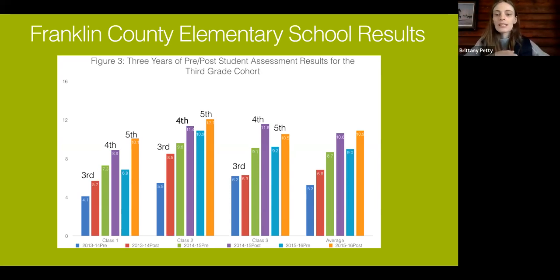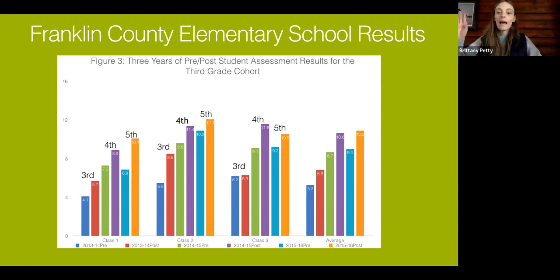And as you can see, first two bars, that's third grade. And then as they moved on to fourth grade and fifth grade, and then it's another group and another group and another group. So for three different years, they tracked the students' progress. And so you see that it improved every single time from year to year. So it's pre and post, pre and post, pre and post.